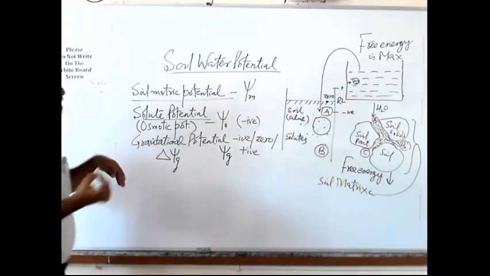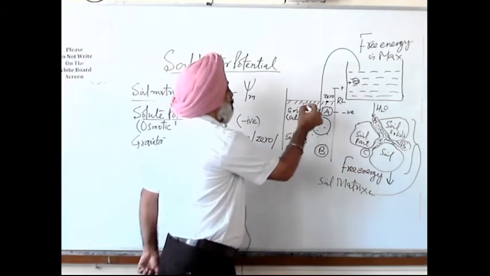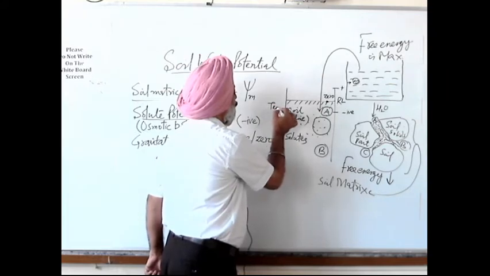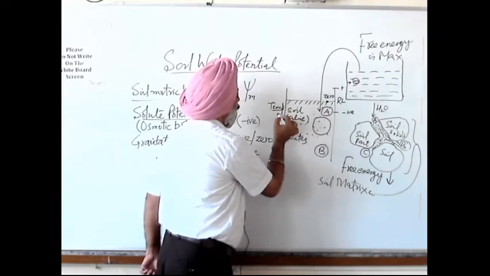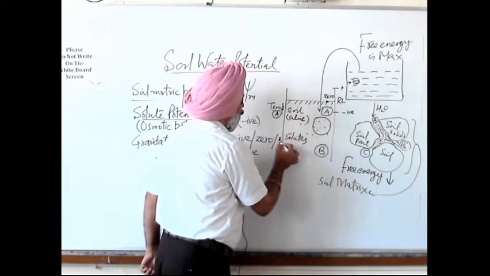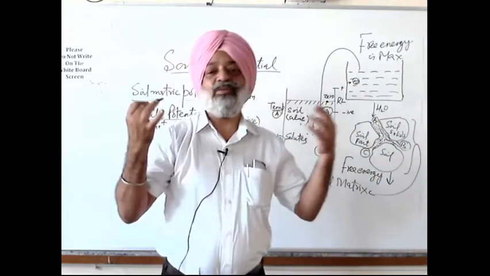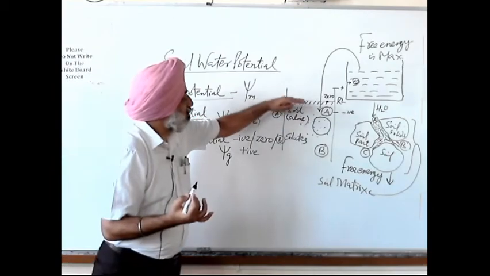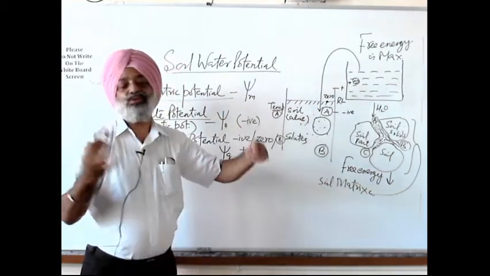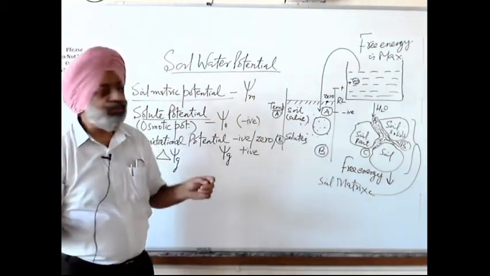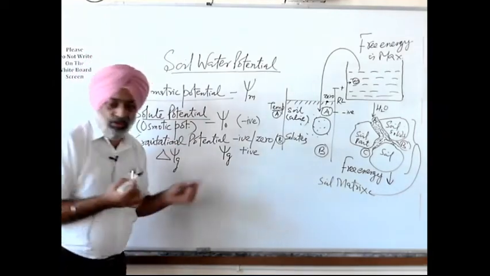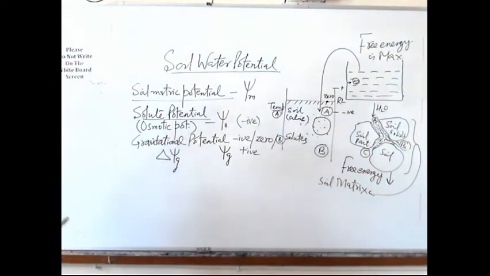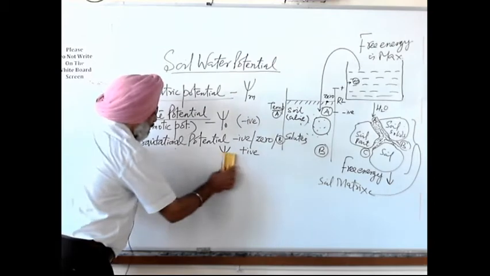Then there could be another thing. Supposing the temperature over here is different at point A than at point B, then there will be one more energy level, but we assume that the temperature throughout the soil profile is more or less the same. There are very negligible differences in temperature. So these are the main 3 components of soil water potential.